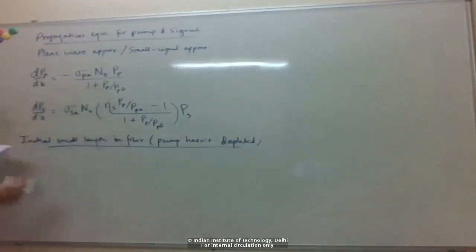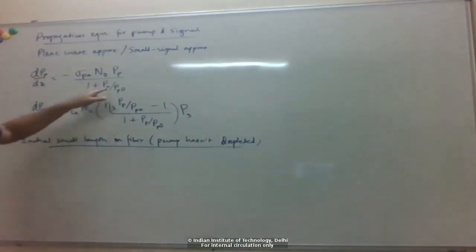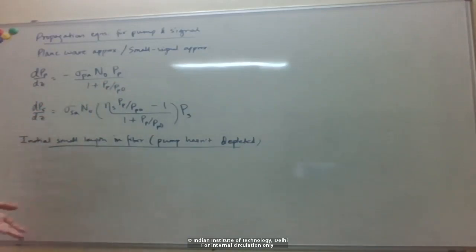Last time we discussed that this PP naught was typically about a milliwatt for typical EDFA parameters. Typically the launched pump powers are above that: a few milliwatts, tens of milliwatts, even hundreds of milliwatts.